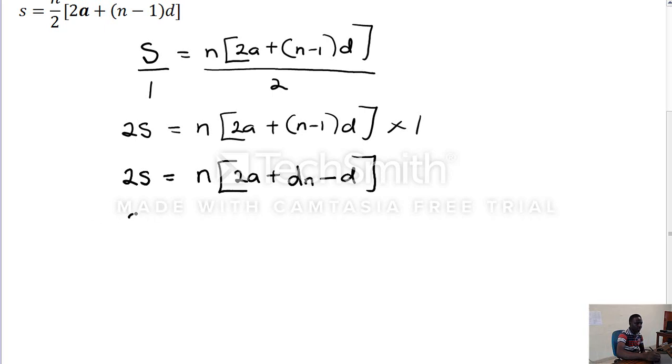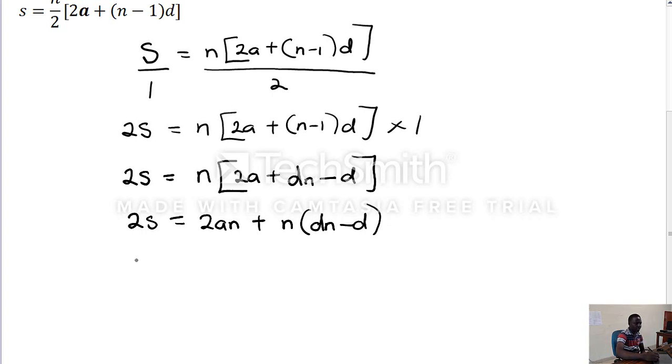Now I can use n to multiply the whole bracket. This becomes 2s is equal to n times 2a will give me 2an plus n into bracket dn minus d, and I think I can still factorize out d.